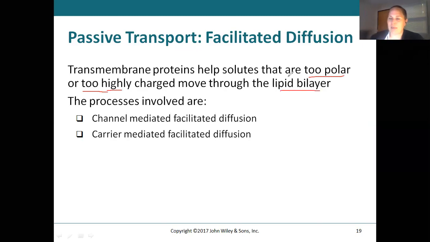That fatty lipid bilayer is very nonpolar and doesn't really like polar substances, large molecules, or charged molecules. So you can have either channel or carrier-mediated facilitated diffusion, and we're going to talk more about channel-mediated and carrier-mediated facilitated diffusion in the following slides, so I'm not going to go into it a ton here.